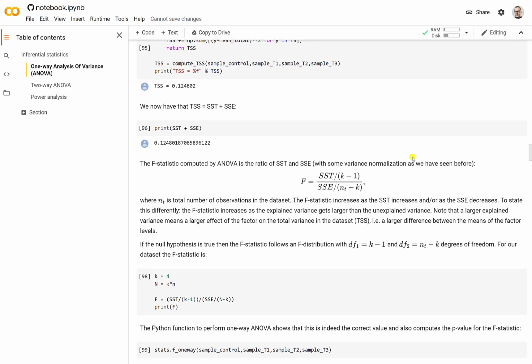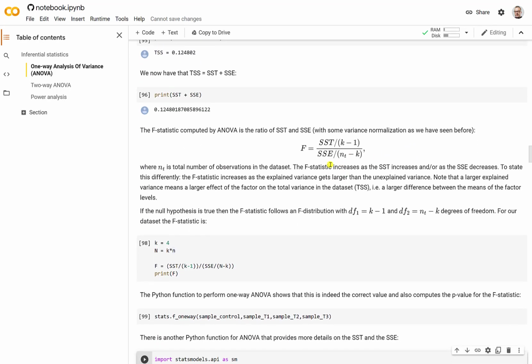Okay, and it is known that this F statistic, under the null hypothesis, so in case the means are indeed equal, follows an F distribution, so no more Student's t distribution, but in this case an F distribution which has two types of degrees of freedom, I apologize.